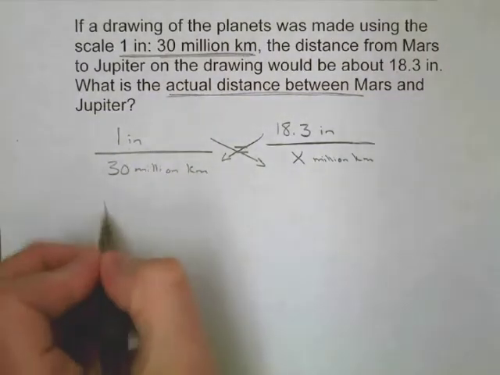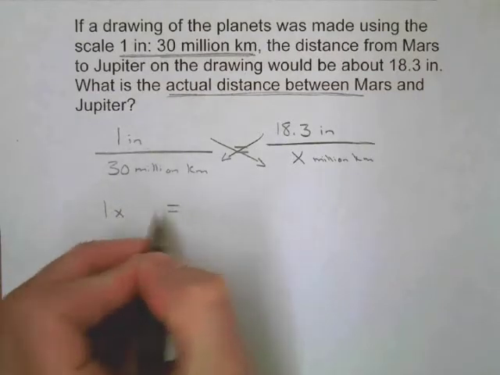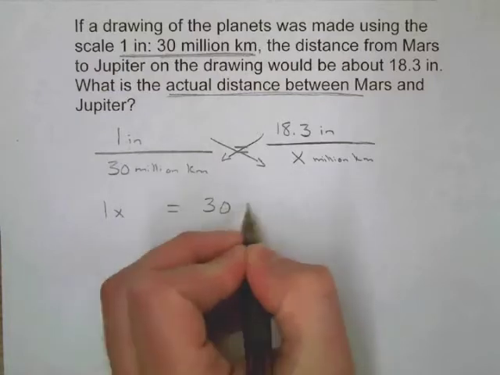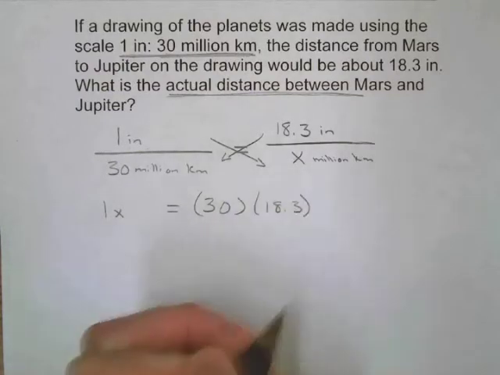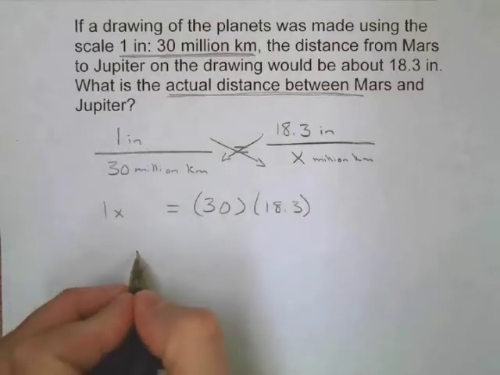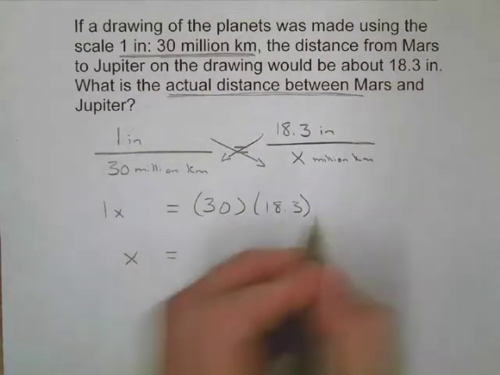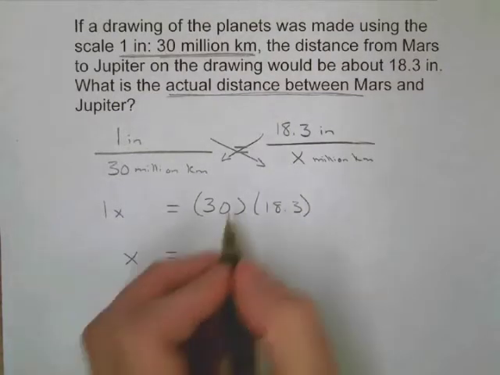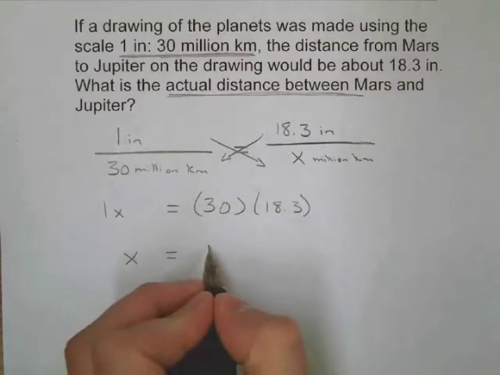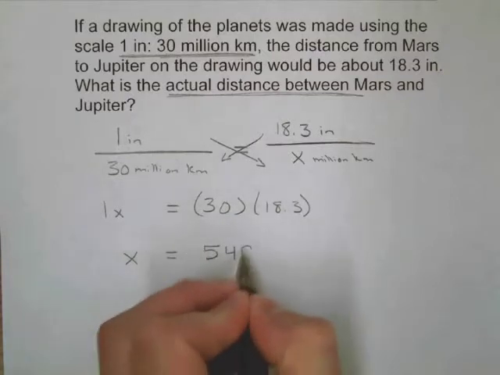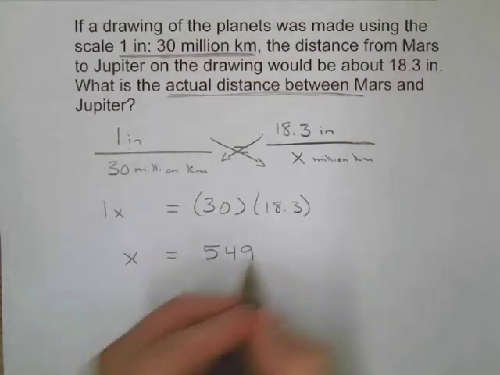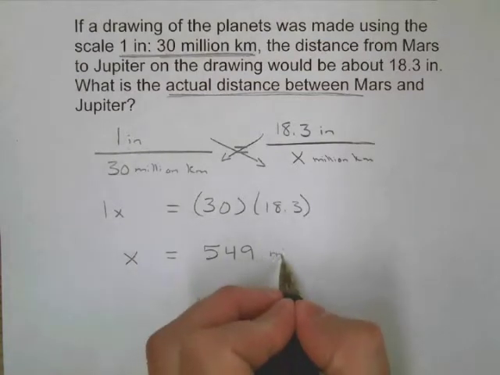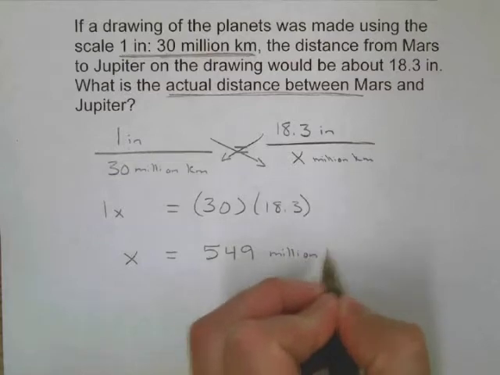So we have 1 multiplied by x equaling 30 multiplied by 18 3/10. So 1x is just x, and 30 multiplied by 18 3/10 works out to be 549. So we could say that x is equal to 549 million kilometers.